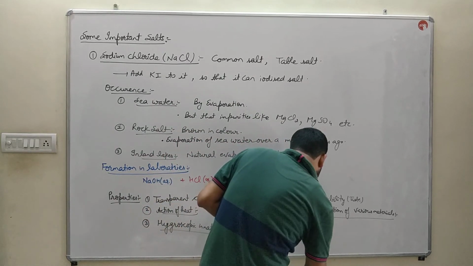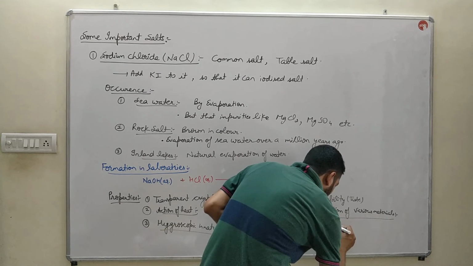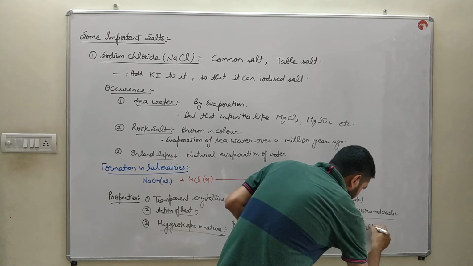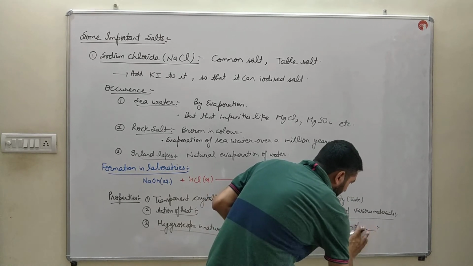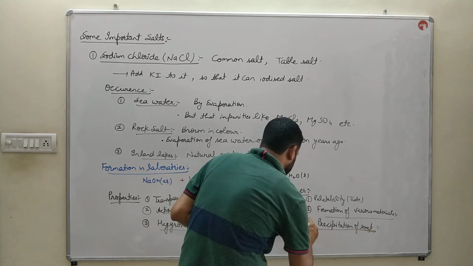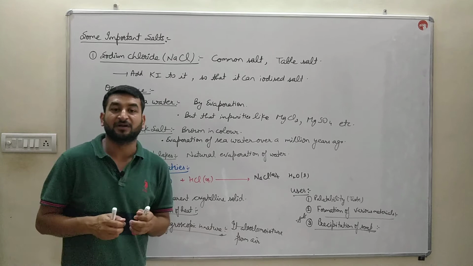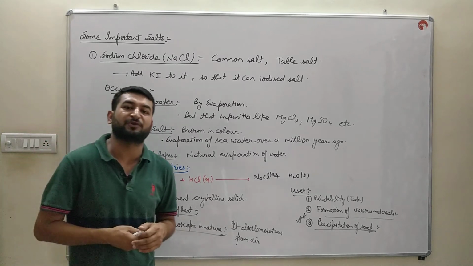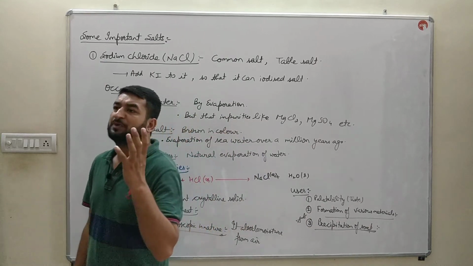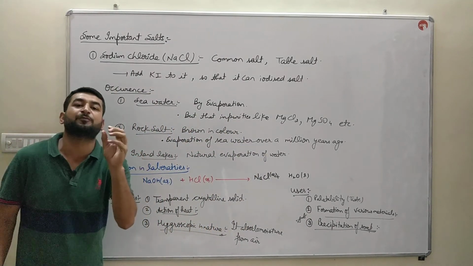Third, for the precipitation of soap, a very important point for your board exam. Not salt, precipitation of soap, a very important question. That question will also repeat itself in the chapter Carbon and its Compounds, the 4th chapter of your chemistry. When we prepare soap in the industries, then that soap is formed in the form of a thick paste.